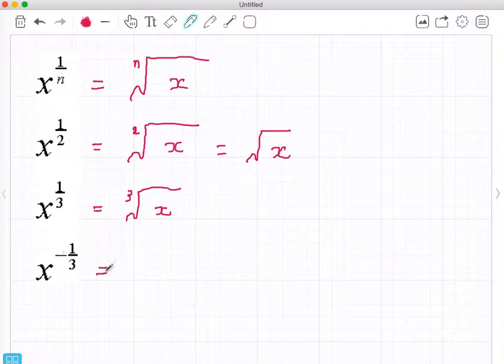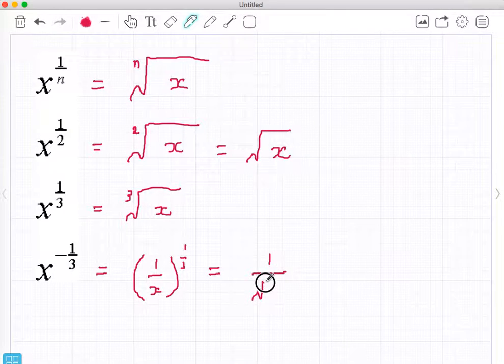So let's think about the negative first of all, and we're going to write that as 1 over x to the power of 1/3. So now that negative has gone, but I've flipped my fraction, the reciprocal. And now I'm going to do the cube root of 1, which is 1, and the cube root of x. So I'm going to use that little cube root symbol with the 3 here.